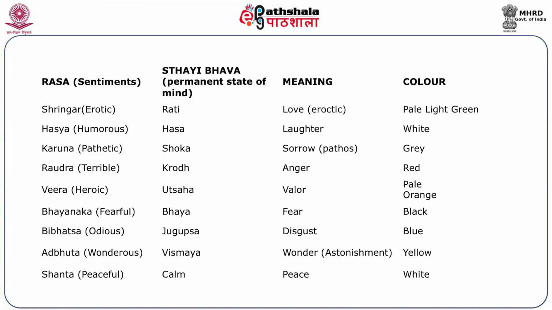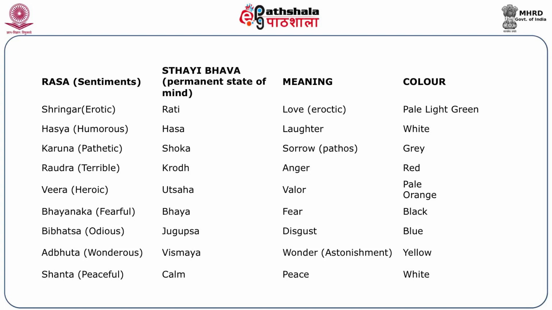There are 9 types of permanent state of mind that we all follow and we all have in our mind, that is love. We all love each other in the world. We all laugh at times according to the reason, it just comes out.